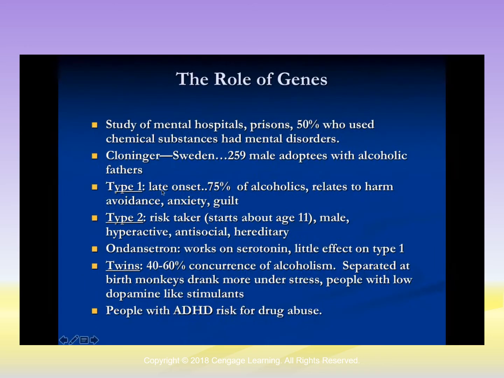That actually might be a little low because a lot of things go undiagnosed. Twin studies and adoption studies have really helped the research and look at is it nature or is it nurture? So that's the argument here.